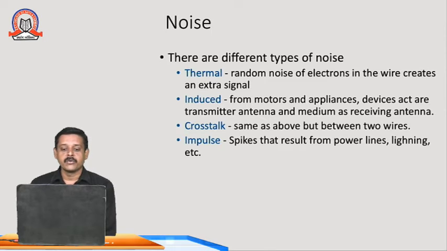For example, whenever we are talking, someone is playing a device, or someone is making the noise of a car or motor or any other appliances, that causes induced noise. So induced noise is an extra signal which comes from the motor or appliances or any other medium.